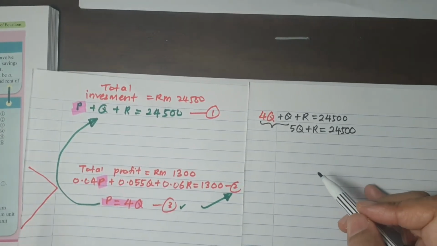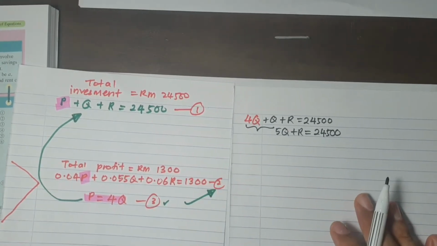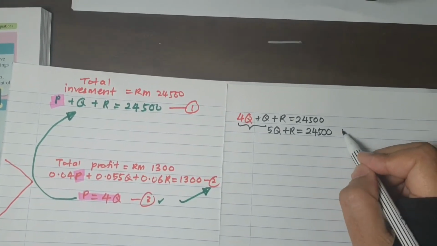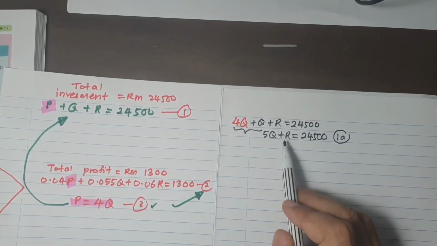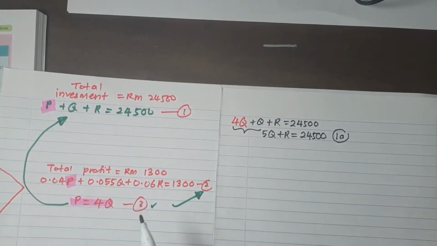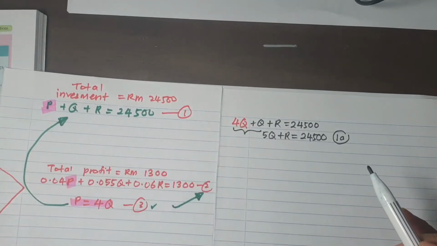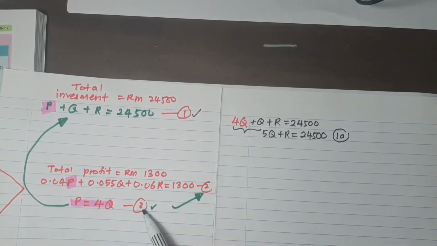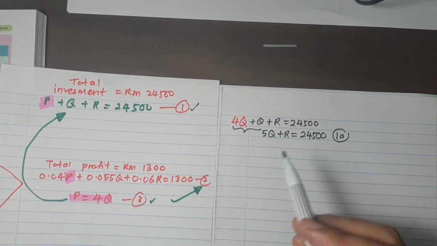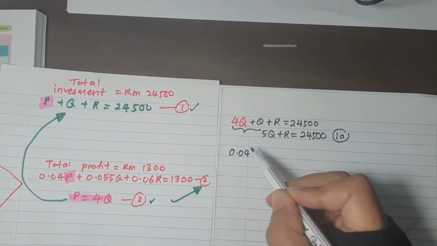Okay. Now, since you tembak 3 in 1, now this equation I labeled it as 1A. So you can see you have two variables only right now. Next, dah tembak dalam ni, 3 in the second. Now 3 tembak dalam 2. So you have 0.04P.